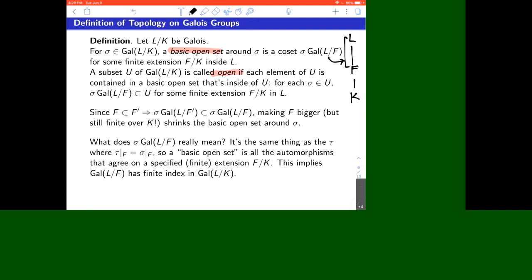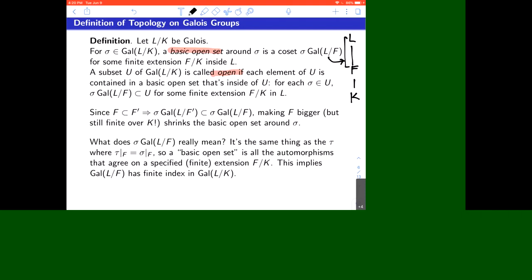So the F here is finite. And then an open set in general is just a subset U of the Galois group, so that for every automorphism in there, there's some left coset containing it that is entirely inside of that set U.